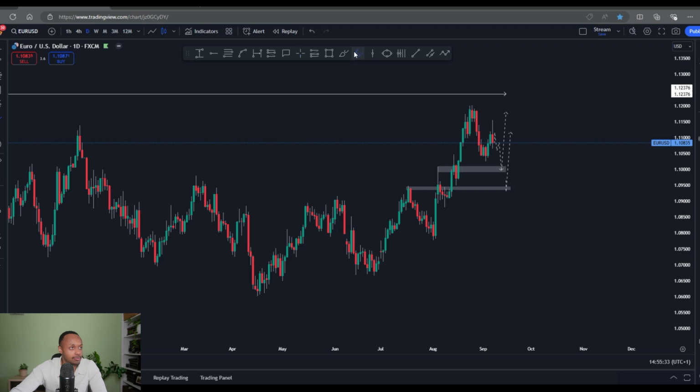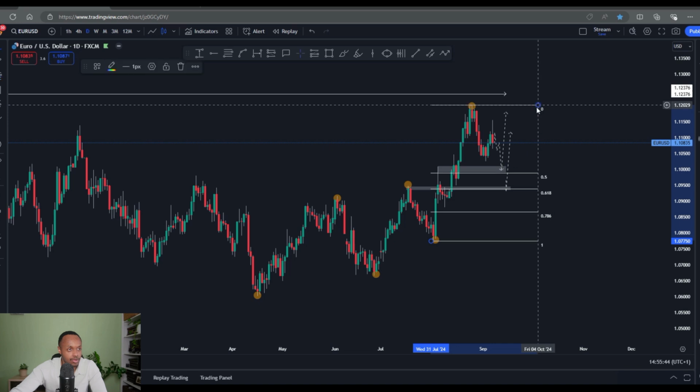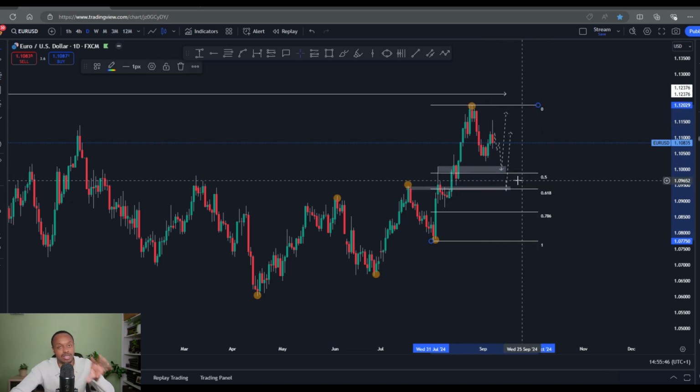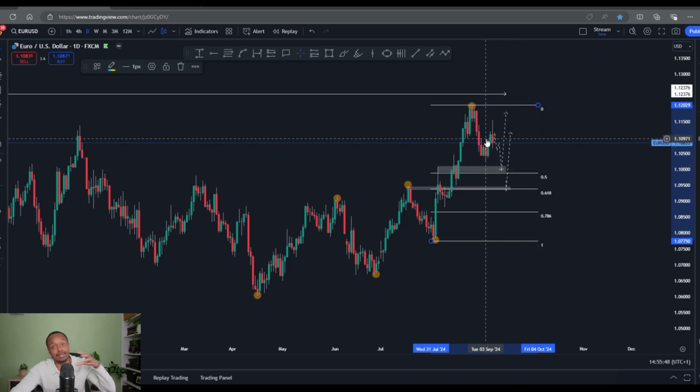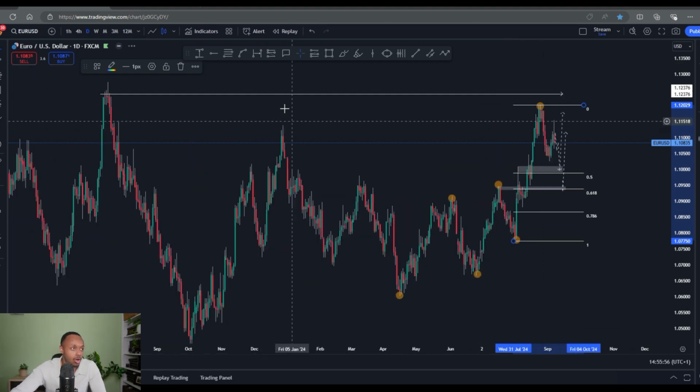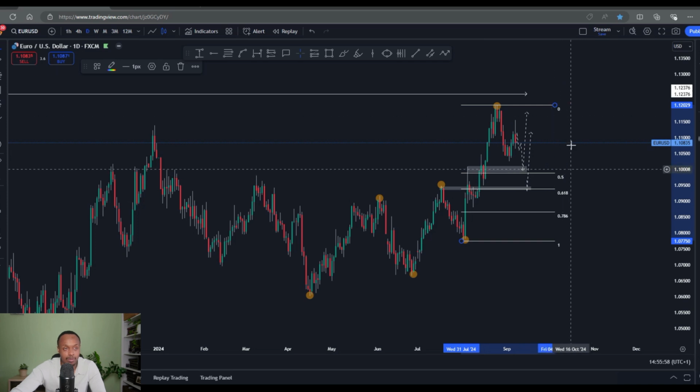Zoom out to the daily time frame, you can still see the higher highs and higher lows pretty consistent, with the higher high there and looking for the next higher low. If I whip out the Fibonacci from the low to the high, you can see we've got the 0.5 and 0.618 in those areas. So if we see another drop to the downside, that extended pullback, retest 1.1, retest 1.095, either area, I'm looking for the long back to the high there and looking to capitalize on that swing.